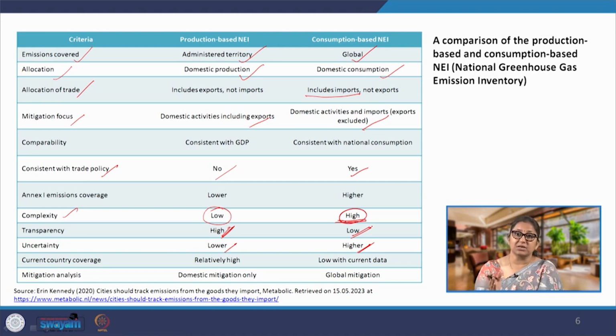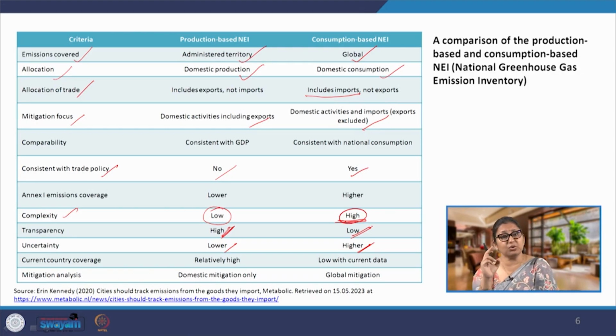The producer is not producing for domestic consumption, the nation is producing for the consumption of the consumer nations as well. This is the difference that we have to understand, but majority of the times, for larger emission considerations, we are looking at production based emissions.